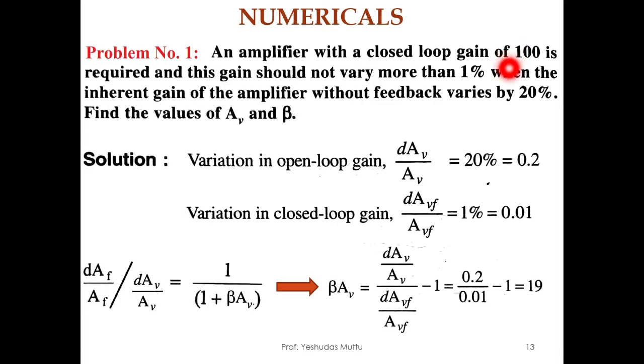So beta AV is 19. Now open loop gain: you know that AF or AVF is equal to A upon 1 plus beta AV. So from that AV is AVF multiplied by 1 plus beta AV. Beta AV I have already found out, and AVF is given to us in the problem, here 100, and this beta AV we have found as 19.